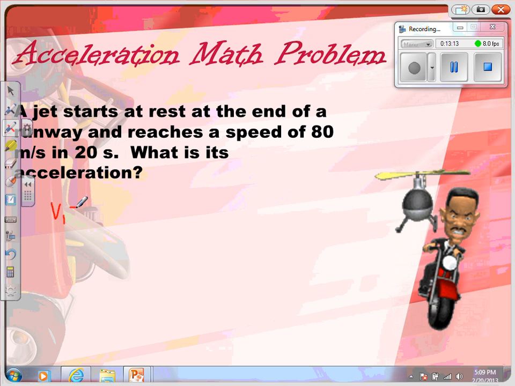If he's at rest, well, that simply means that his speed is 0 meters per second. Okay, he reaches a speed of 80 meters per second in 20 seconds. So his final velocity, or his V2, is equal to 80 meters per second.